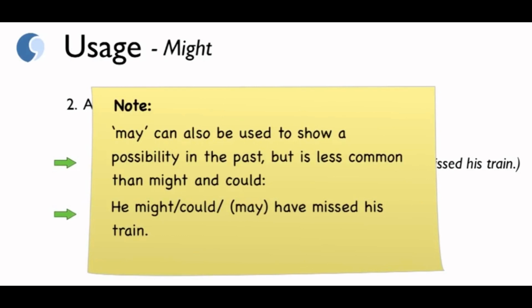Just a little note on possibilities. May can also be used to show a possibility in the past, but it is less common than might and could. So you may hear he might have or could have or may have missed his train.